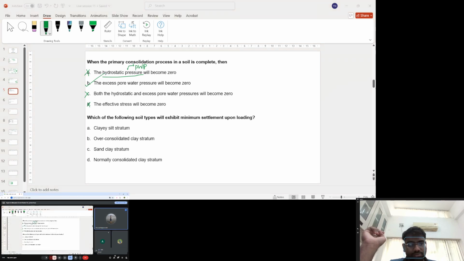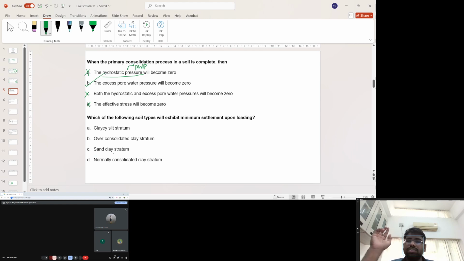Sir, option B, over consolidated clay stratum. Yeah. So obviously the presence of clay will affect its settlement characteristics, and among them, the nature of it is the state of the soil. NC material tends to possess greater compressibility and hence results in greater settlement.